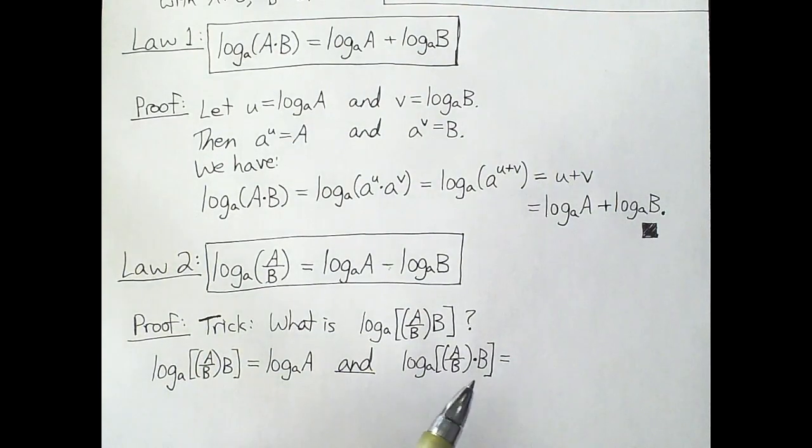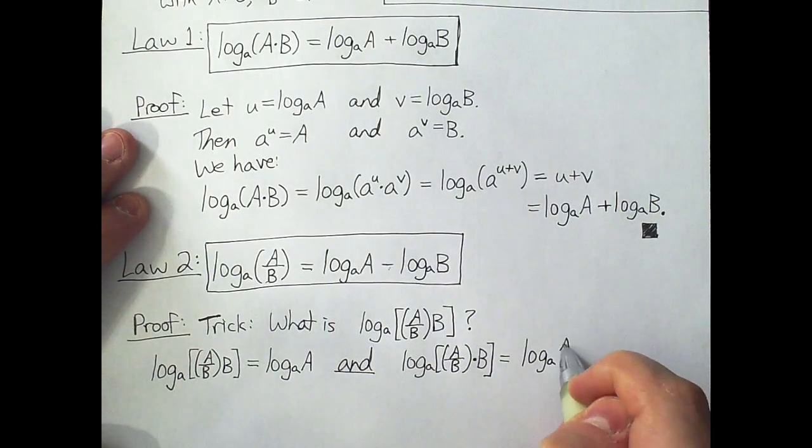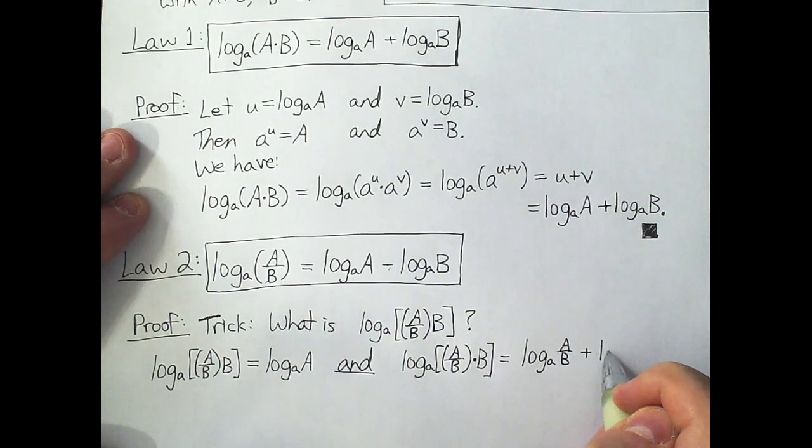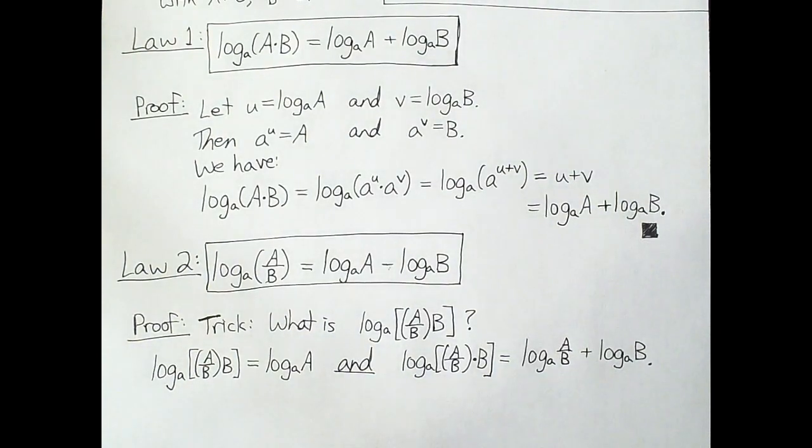Because we have a product, we're doing a logarithm of a product. Law 1 says that we should be able to split this up. Now, whether or not this is helpful, we will see. But that certainly is true according to law 1. So this weird looking expression equals log base A of A, and it also equals this whole thing over here.